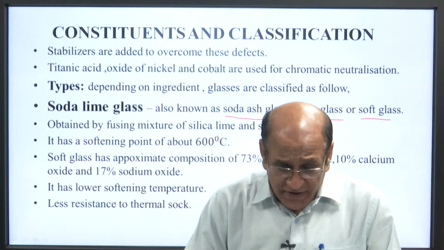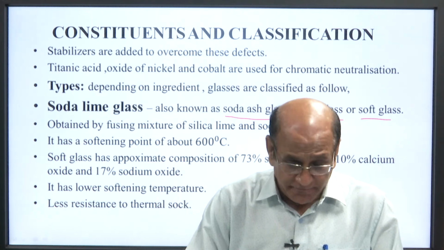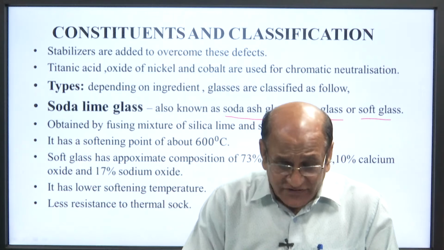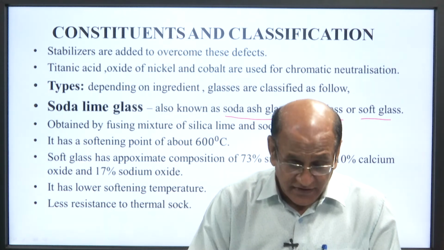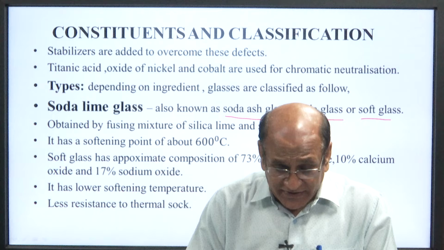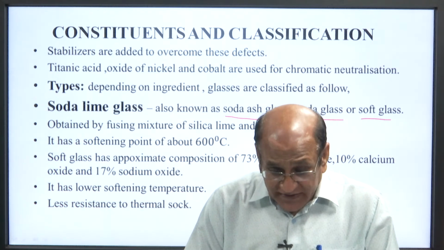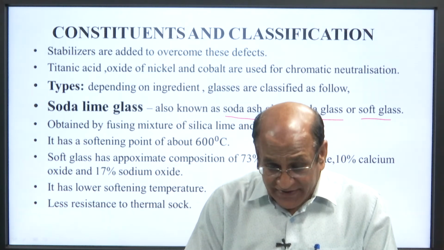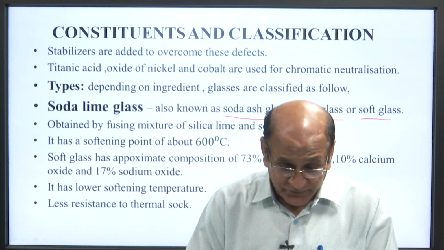It is obtained by fusing a mixture of silica, lime and soda. It has a softening point of about 600 degree centigrade. Soft glass has an approximate composition of 73% silicon oxide, 10% calcium oxide, 17% sodium oxide.